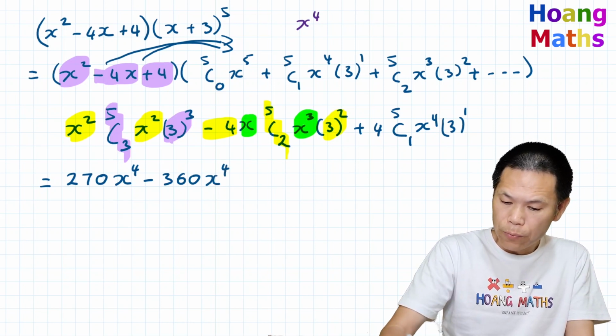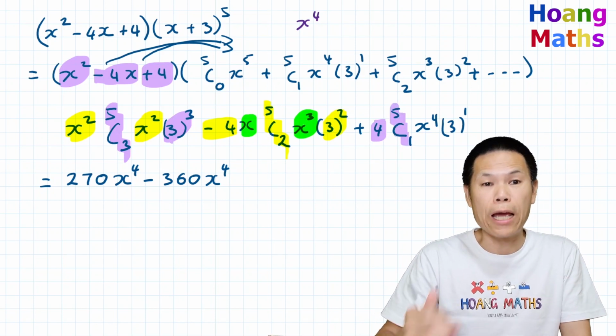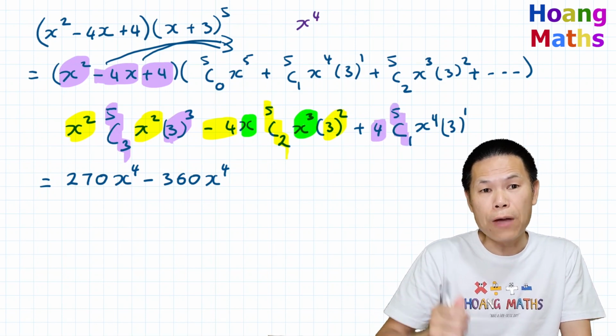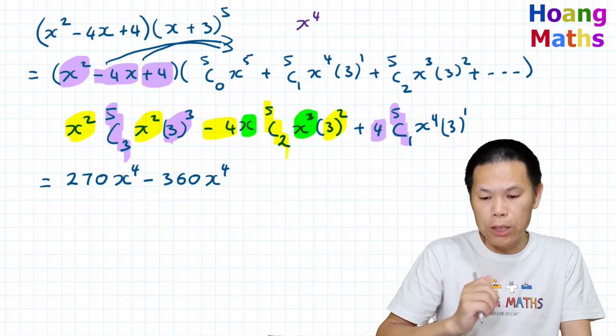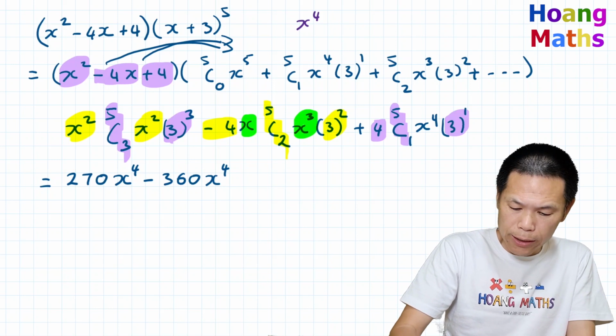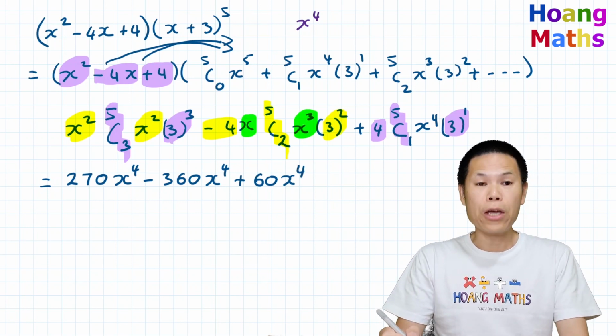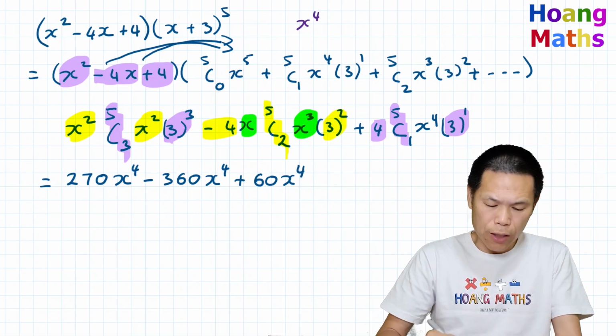Then the last one is 4 times 5C1. We know that 5C1 is 5, and 5 times 4 gives 20, and 20 times 3 is 60. So we add 60 x to the power 4. Let me simplify this first.